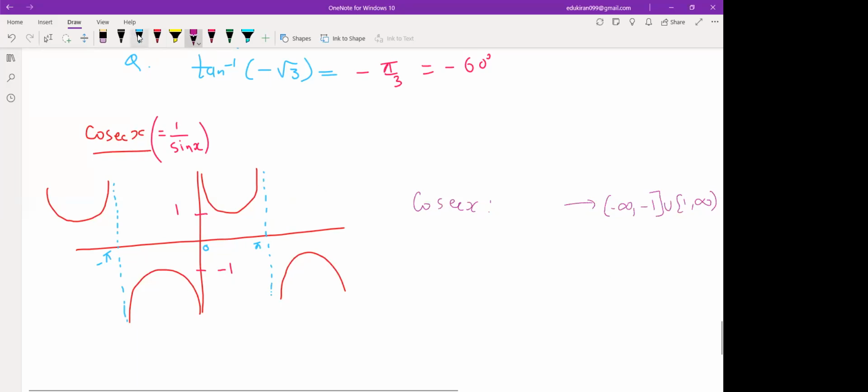And the region which you will select will be this one, this one. So this will give you 1, 1. So this value is pi by 2. This value is minus pi by 2.